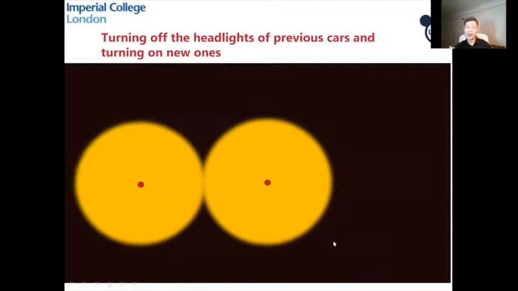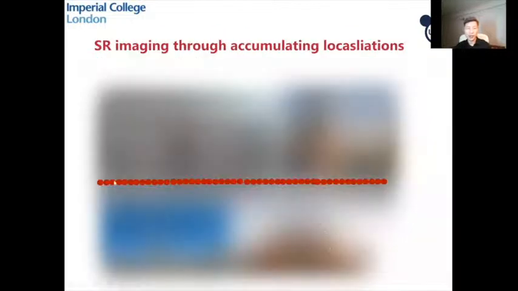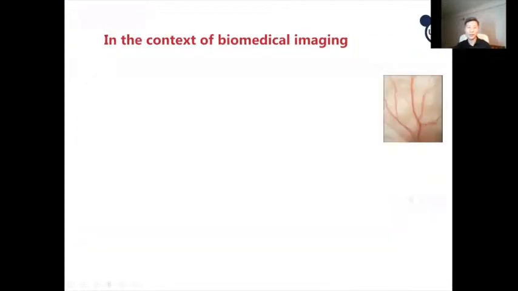By just keeping on turning the headlights of different cars on and off and accumulating their centroids, in the end we can generate a super resolution image of the road. That's an example of how super resolution works.